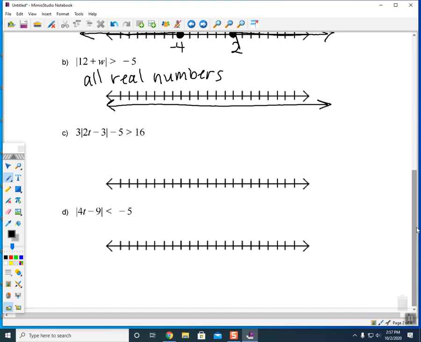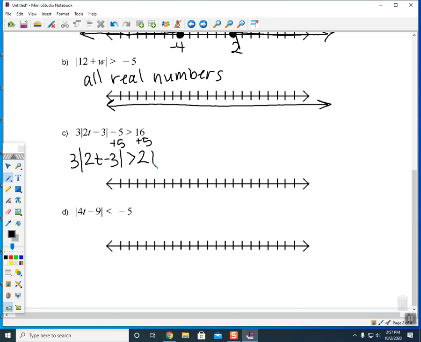So the first thing that I need to do that is I'm going to add 5 to both sides. So I've got 3 times the absolute value of 2t minus 3 is greater than 16 plus 5 is 21.